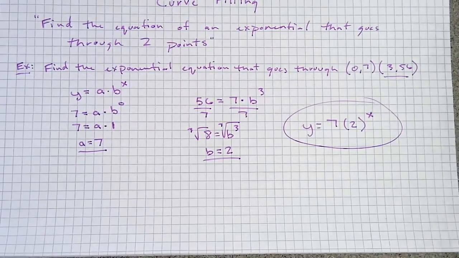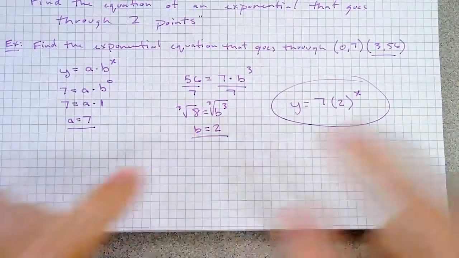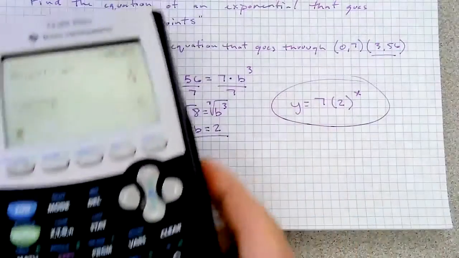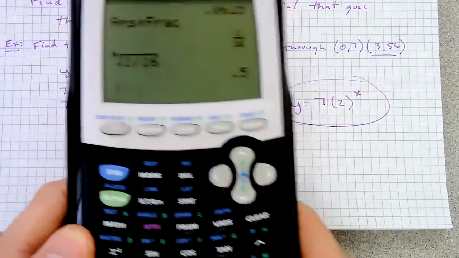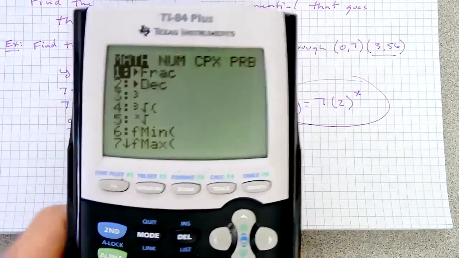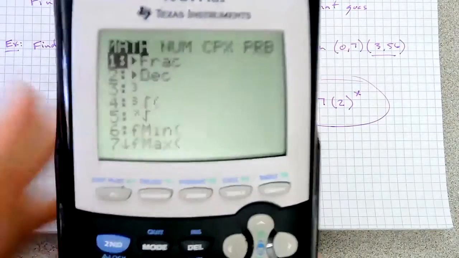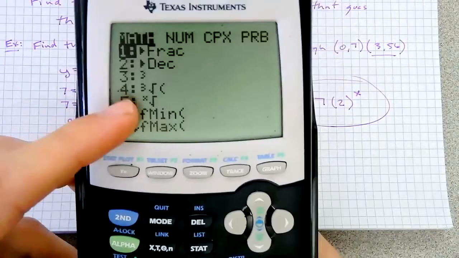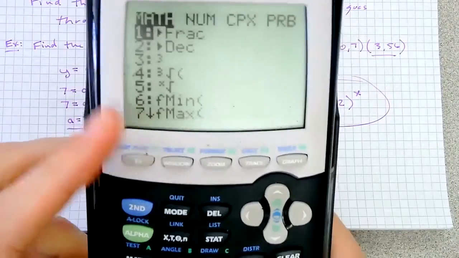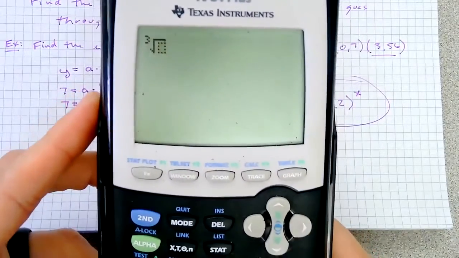So being able to find the cube root or the fourth root or whatever you may be looking for, depending on what calculator you're using, could be a little difficult. On this one, if you hit the math button, it gives you the third root right there. Even if not, if you go down to 5, that lets you plug in the root of whatever you want.